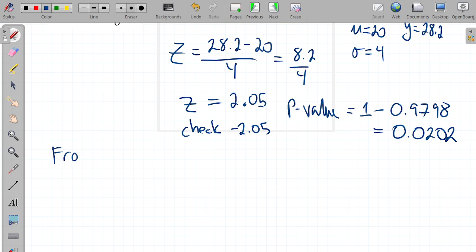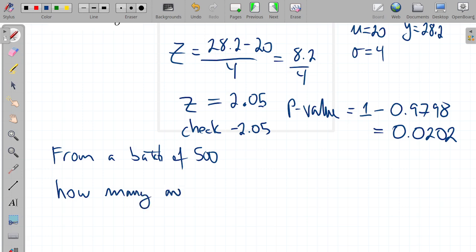From a batch of 500, how many are larger than 28.2?